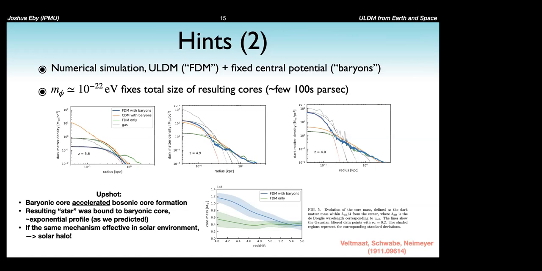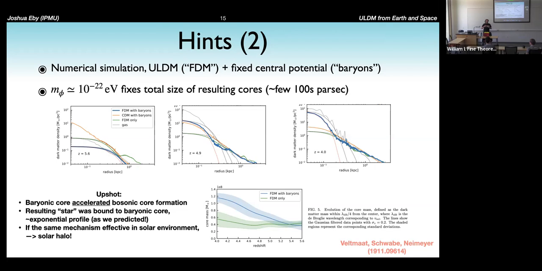They call it baryons because they thought of this as a first step towards a realistic simulation of ULDM plus baryons. Okay. But there's nothing that actually makes it baryons. This could be another flavor of dark matter. Could be a black hole, whatever. They just fixed the size and mass of the central thing, and they evolved the ULDM field to see what it did. I see.